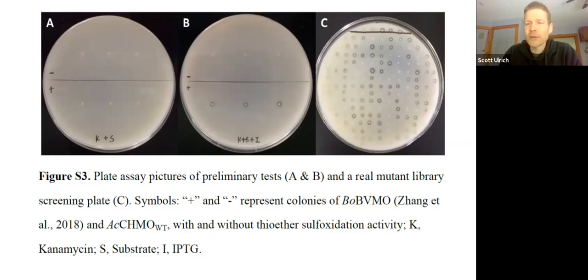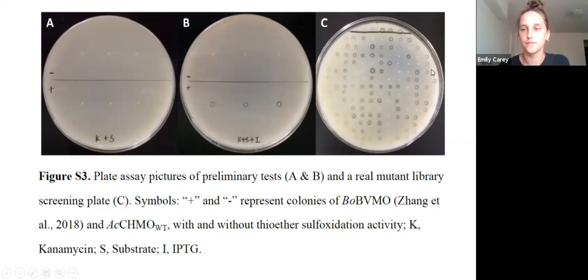So they'll make a whole bunch of mutants, take those mutant DNAs and put them in bacteria, and then array all those bacteria that have a different mutant form on a plate, which is sort of like in C. C is actually the interesting one because there's tons of them, right?